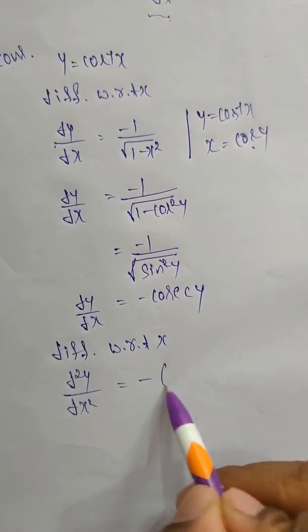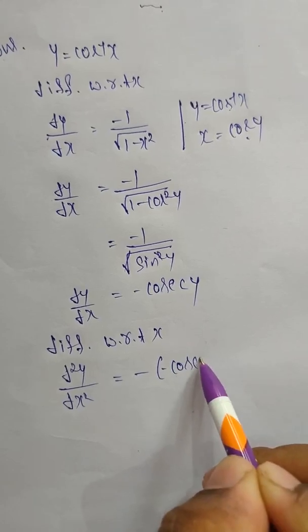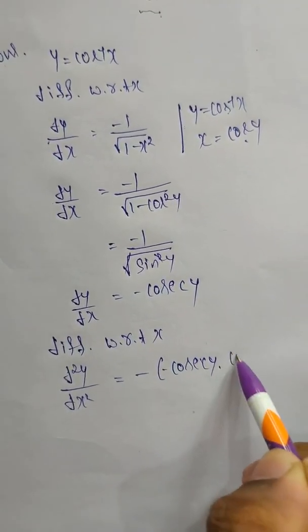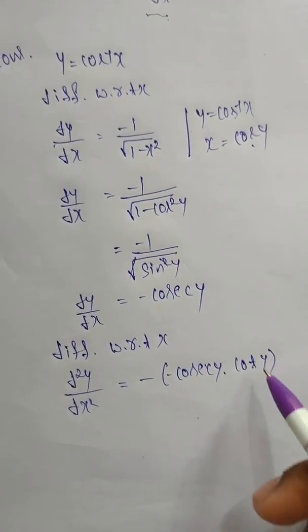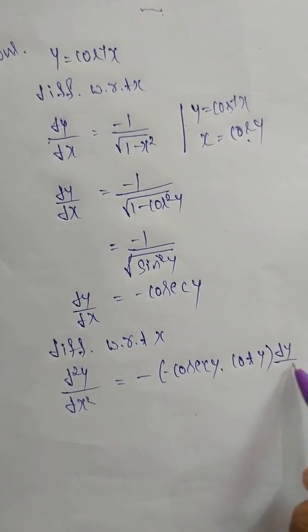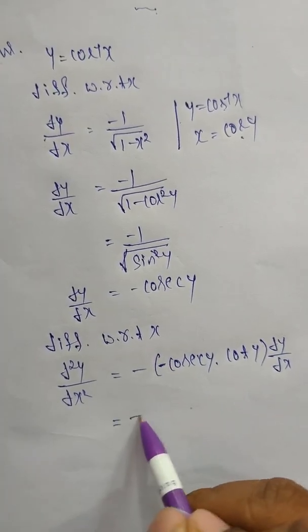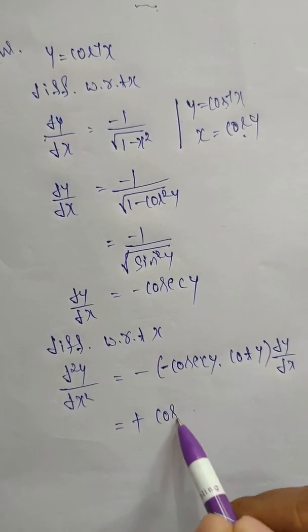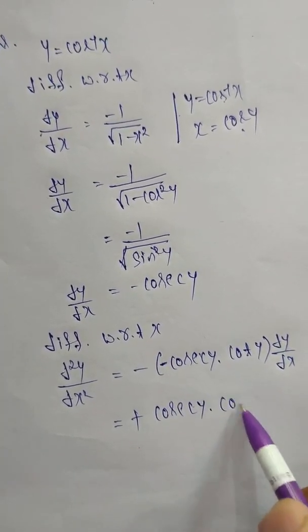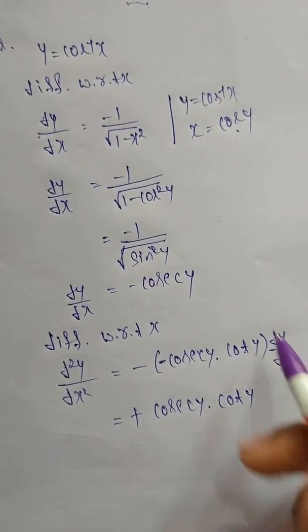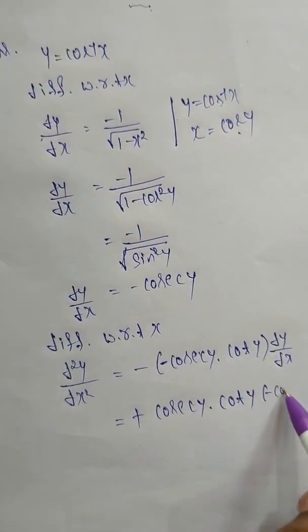The differentiation of cosecant y is minus cosecant y into cot y. Again, the differentiation of y is dy by dx. This minus and this minus will become plus cosecant y into cot y into dy by dx. What is dy by dx? Minus cosecant y.